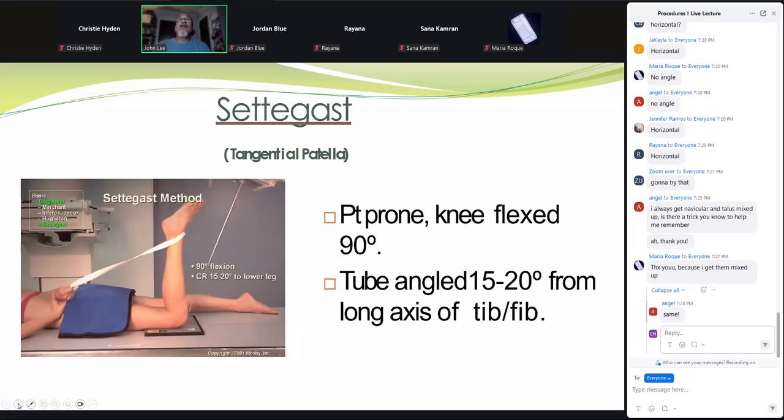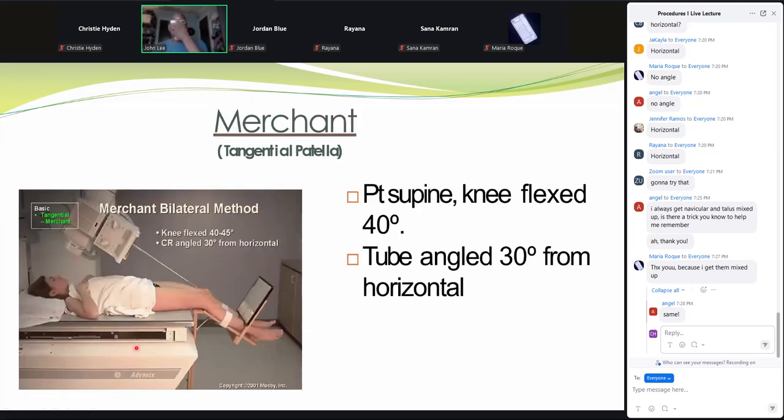The next one is the Settegast. Here we've got the knee flexed to a full 90. Still 15 to 20 degree relationship between the CR and the lower leg. Then we have the Merchant.